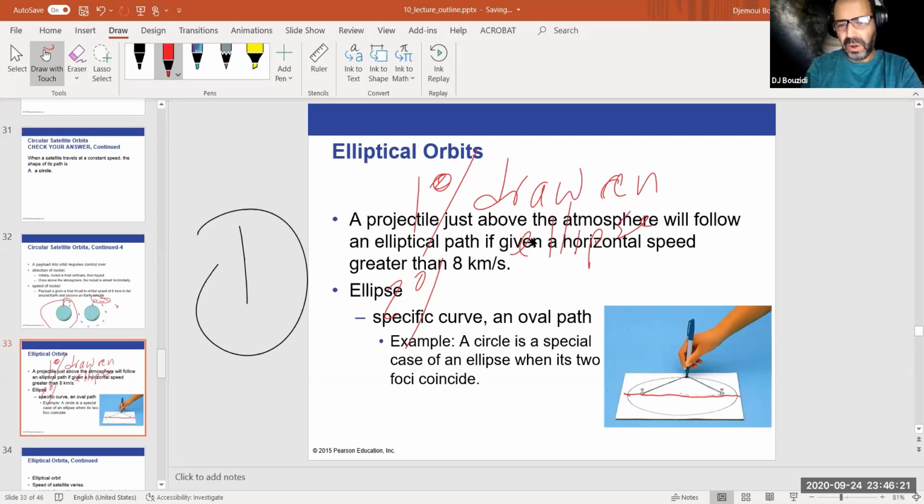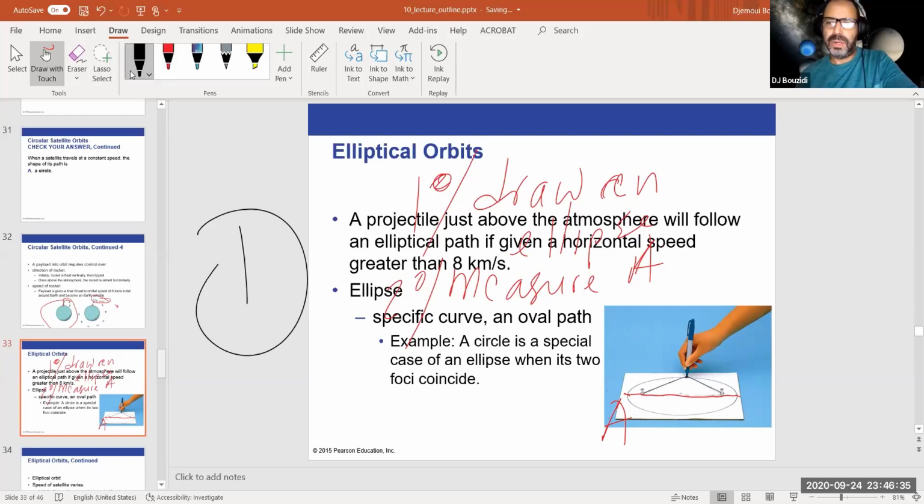I'm going to call this distance big A. So measure A. Okay, now I'm going to draw with a different pencil. From where it's thinnest, measure this distance, only from here to here. Okay, and call that distance B.